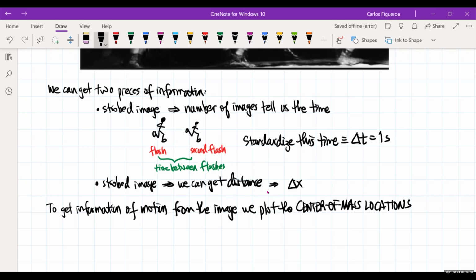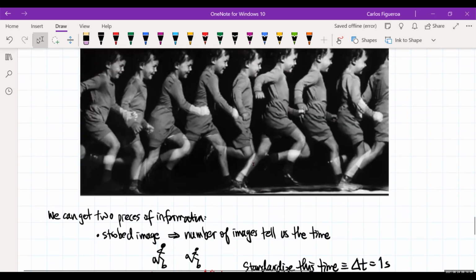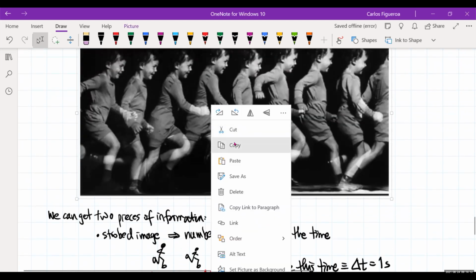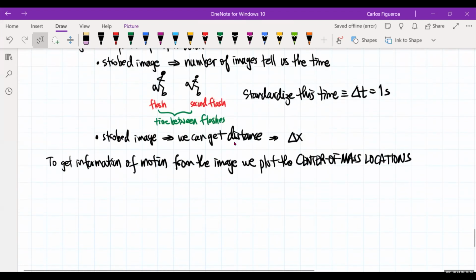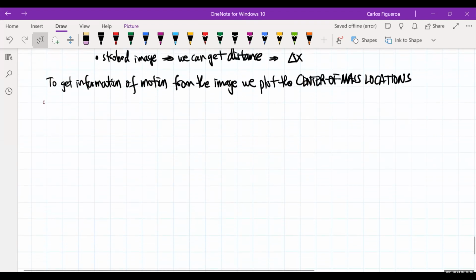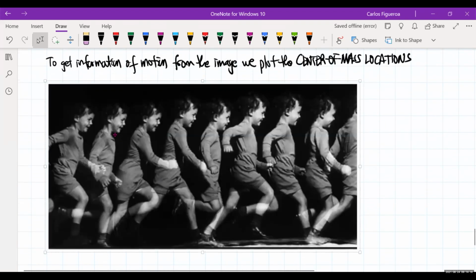And the center of mass of the boy is typically the belly button. So what I'm going to do here is take this image. Now note, I'm going to delete this image in a moment. So I'm going to show you how I get that information.